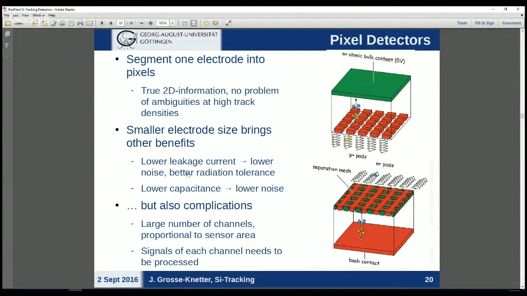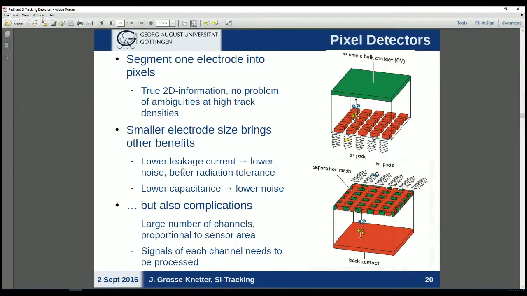There's something which we call leakage current. So within the bulk, you still get electron hole pairs generated thermally. Of course, they are constantly extracted by the applied external voltage and generate a constant current. That's what we call leakage current. That goes with the volume. The more volume you have to create electron hole pairs thermally, the more current you get. So small electrodes are actually beneficial in terms of that.